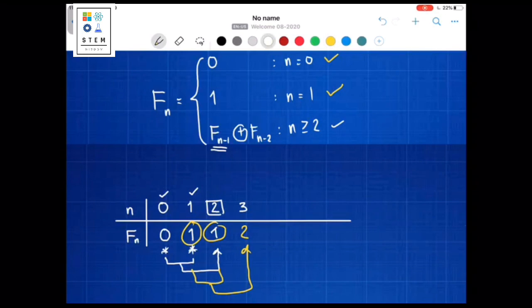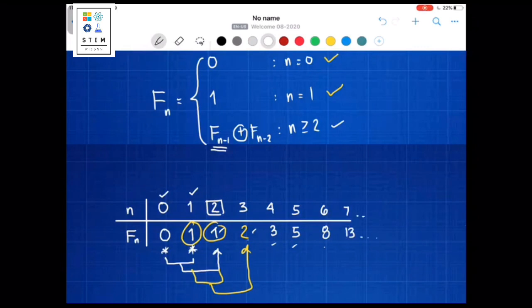Then fourth term will be 1 plus 2 will be 3. Then fifth term is 2 plus 3 will be 5, then sixth term will be 3 plus 5 will be 8, and seventh term will be 5 plus 8 is 13, and so on.